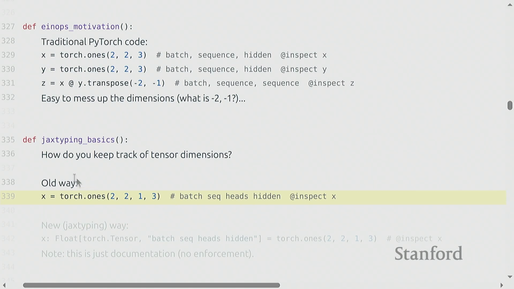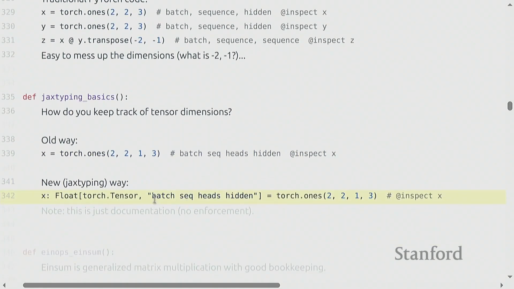So normally in PyTorch you would just write your code, and then you would comment, oh, here's what the dimensions would be. If you use jaxtyping, then you have this notation where as a string you just write down what the dimensions are. So this is a slightly more natural way of documenting.